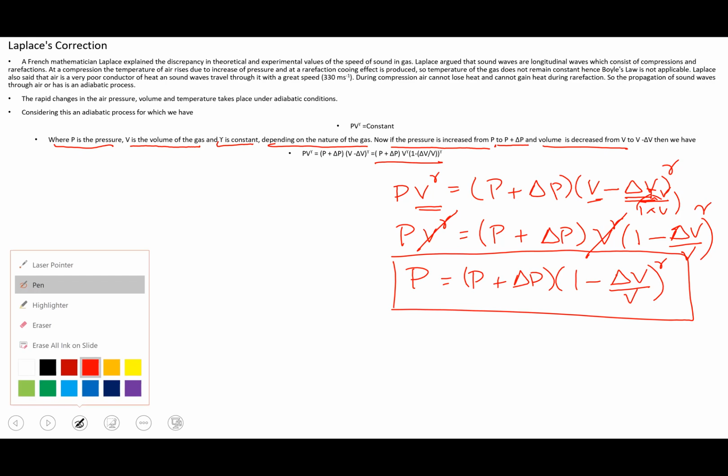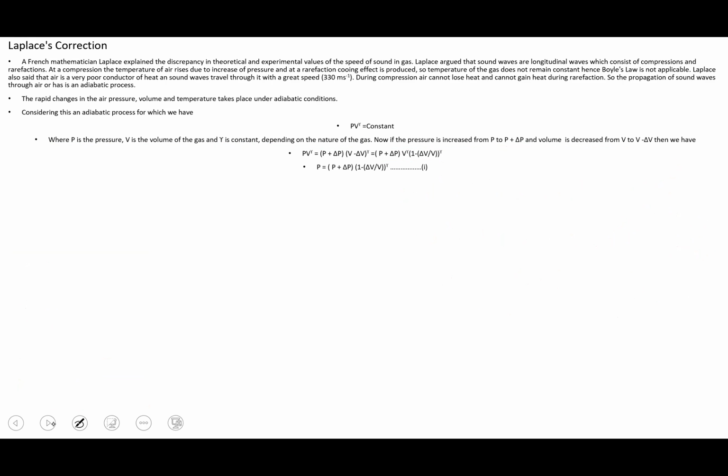Let us remove this derivation and see what happens. So we got to this point: P is equal to (P plus delta P) into (1 minus delta V divided by V) whole gamma. What we have to do in this case is multiply this P with this one and then P with this delta V divided by V, but we have a power on top.